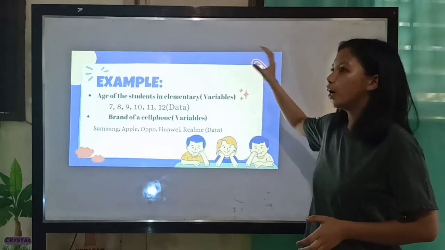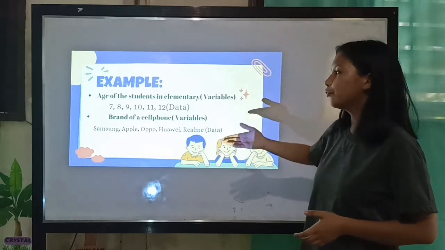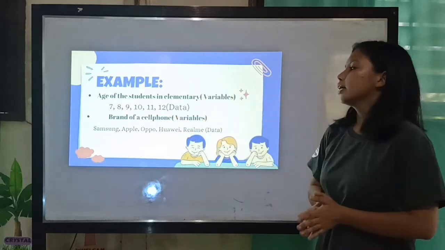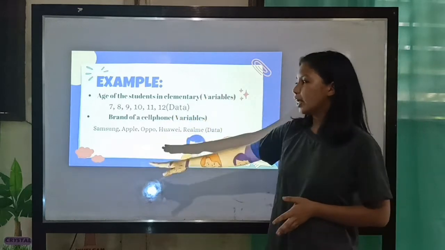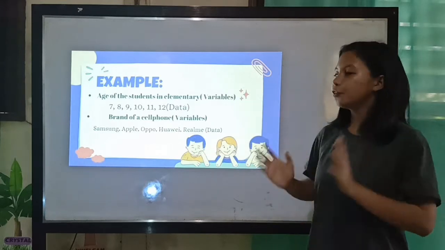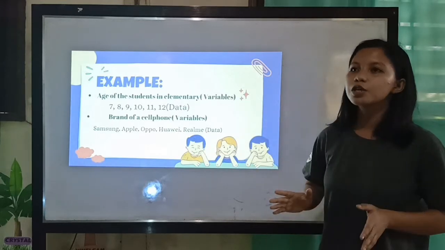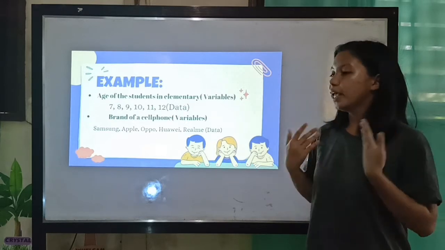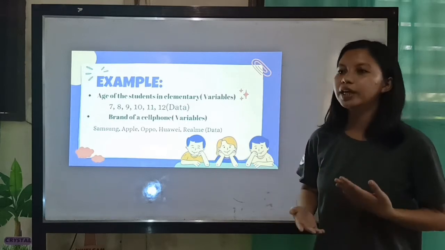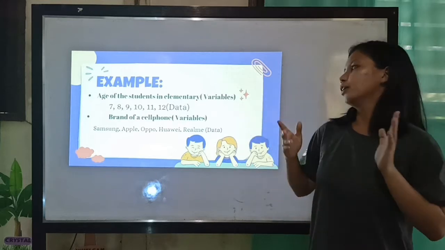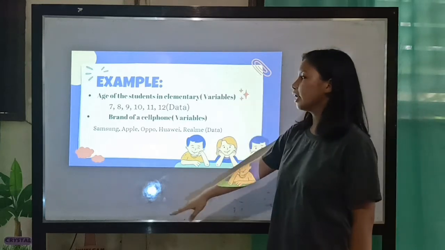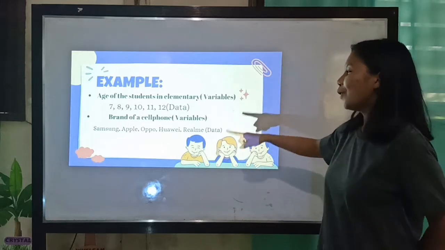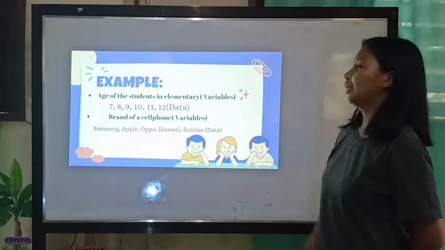It is what we can have a data which is 7, 8, 9, 10, 11, and 12. The second example is a brand of a cell phone. Brand of a cell phone is considered a variable because of this, we can have a data, we can have an answer, we can have a collected data. So the data is a sample: Samsung, Apple, Oppo, Huawei, and Realme.